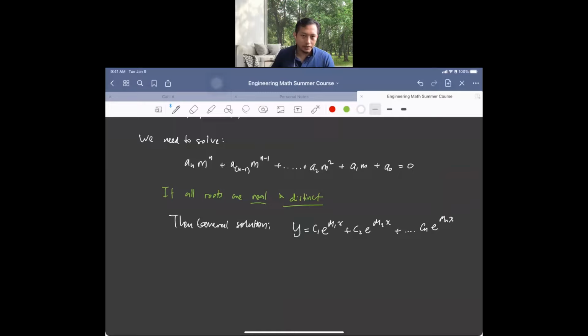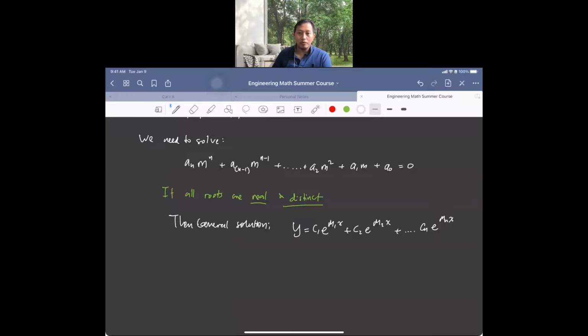But for the higher order, it's difficult to summarize cases 2 and 3 because the degree is different. If the polynomial is just degree 2, we can tell from the discriminant. For example, if we have a fifth degree equation, maybe we could have 5 real roots, or maybe 3 real, 2 complex.